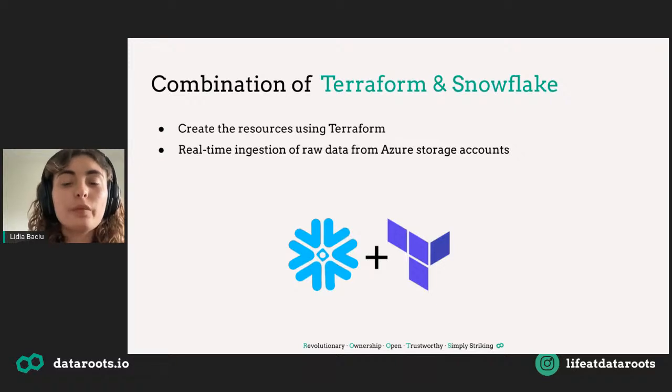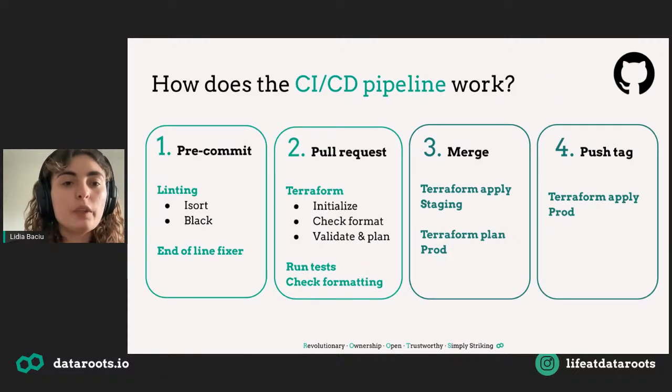And the last aspect that I would like to talk about is how the CI/CD pipeline works. Before you can push any code to your branch, there is a pre-commit hook. That's something that checks if the code you wrote respects some rules.